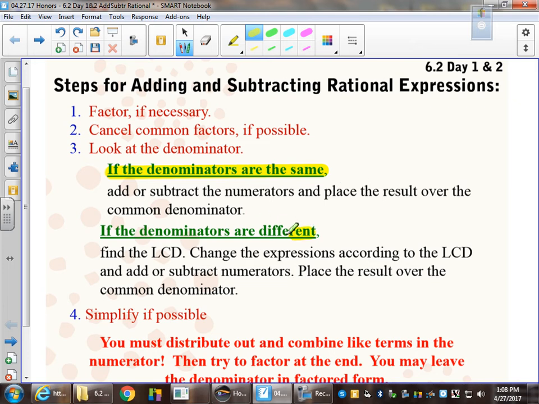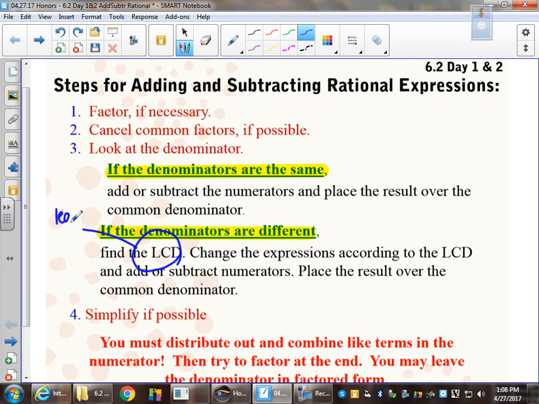But if the denominators are different, we are going to have to find an LCD, which stands for lowest or least, however you like to say it. I'll use least.